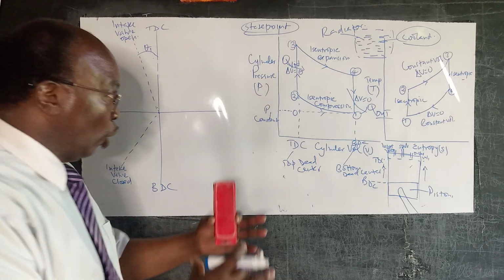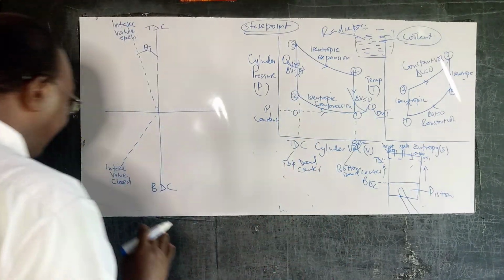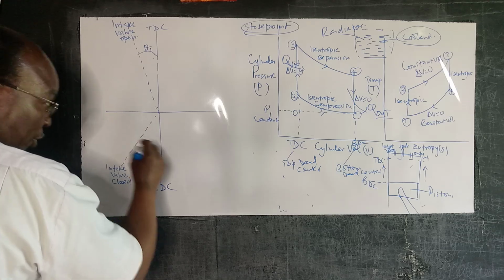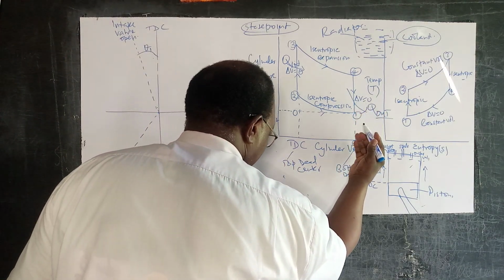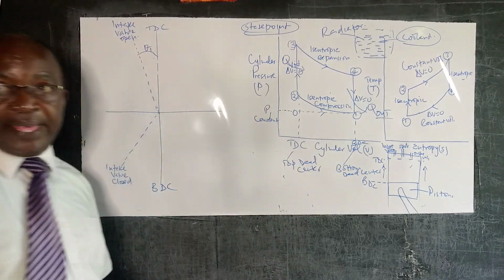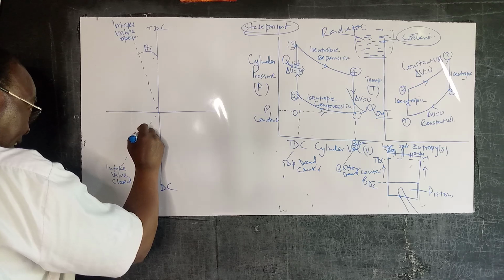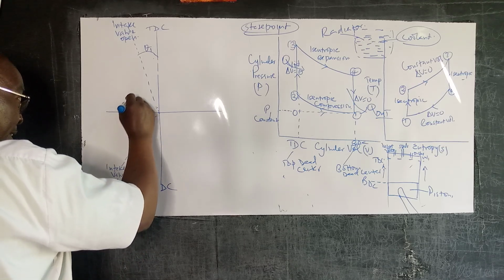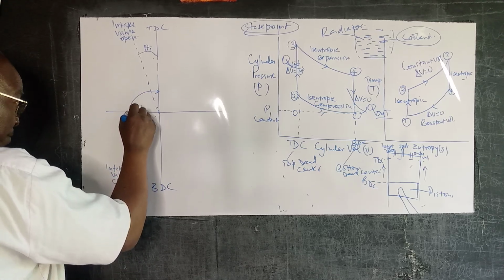Now the next step we talked about is the isentropic compression. As we are compressing, we are moving the piston from the BDC to the TDC. Remember that: BDC to TDC. So we can recraft that here and call that compression.